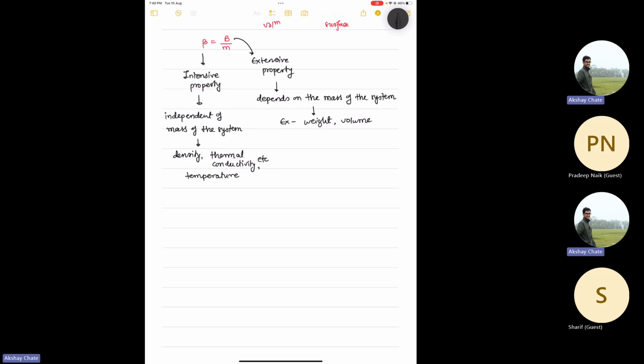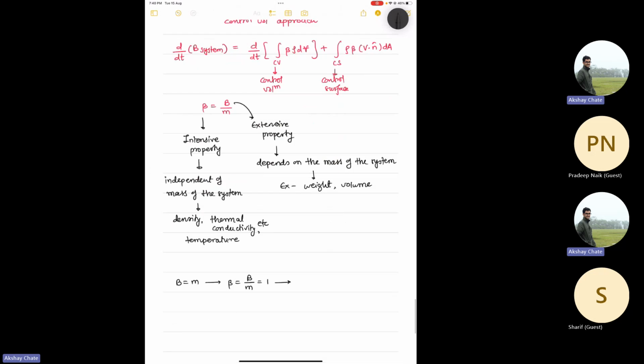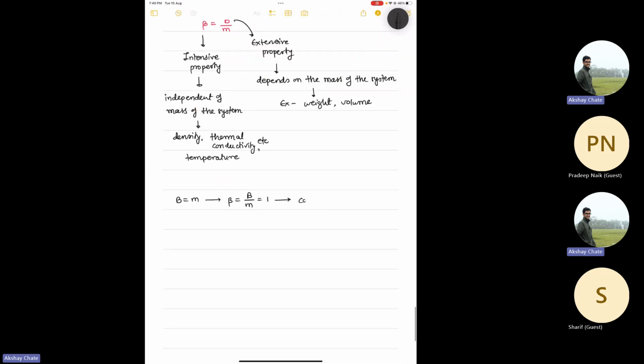Let's say I take capital B as the mass of the system, then your beta, which is B by M, becomes 1, because mass by mass is 1. And if you put this beta and B value in the RTT equation, you get the continuity or mass conservation equation.